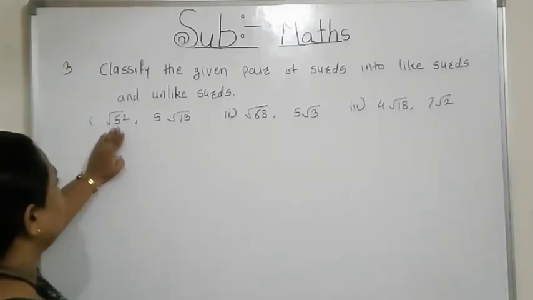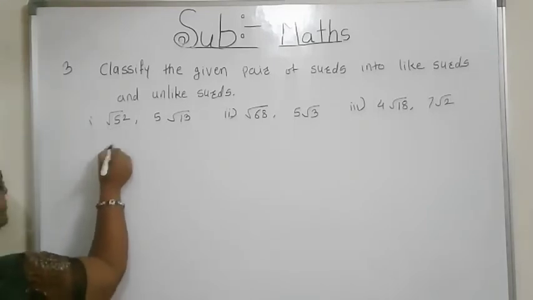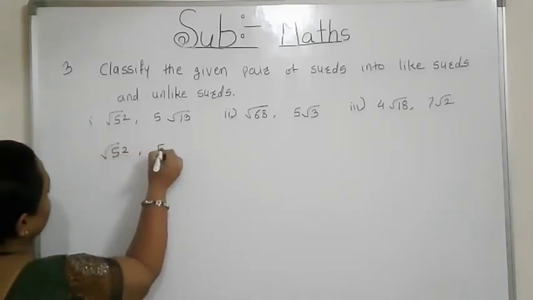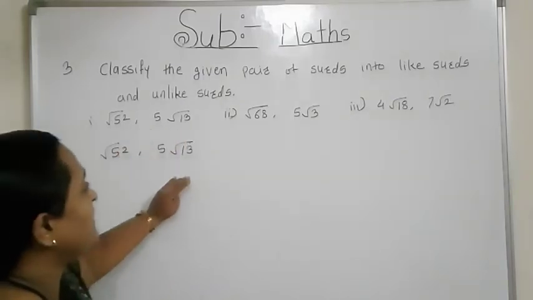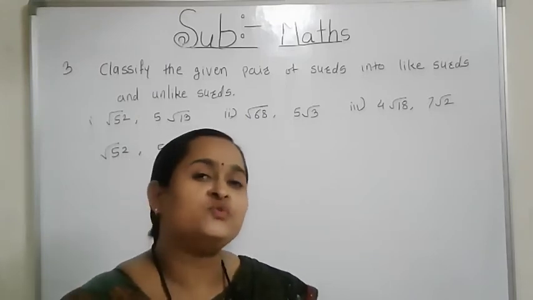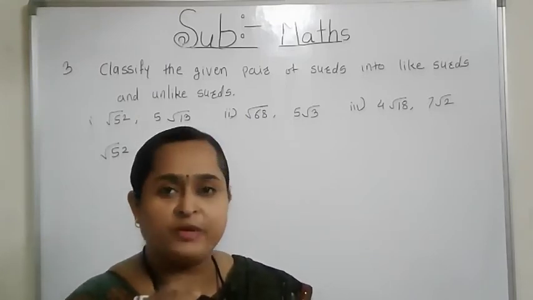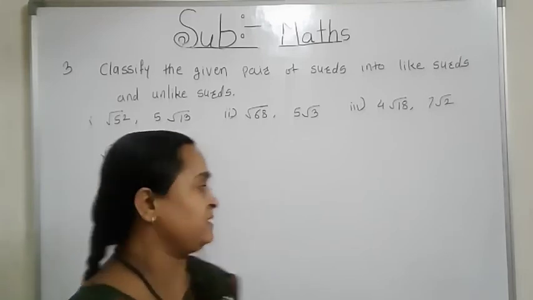Now see an example. With an example I will explain that. First example is root 52 and 5 root 13. Now this order and radicand we have to see in the simplest form. First you have to write the given surd in simplest form, and then we decide like surds and unlike surds.